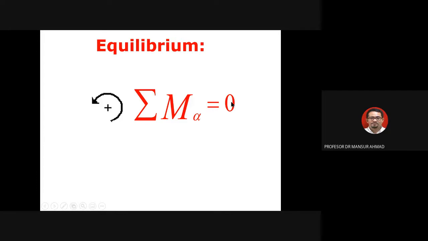Remember the equation of equilibrium I introduced before, you read it as summing forces at x axis equal to 0, or summing forces in y axis must be equal to 0. But here, summing of moment at any point equal to 0.